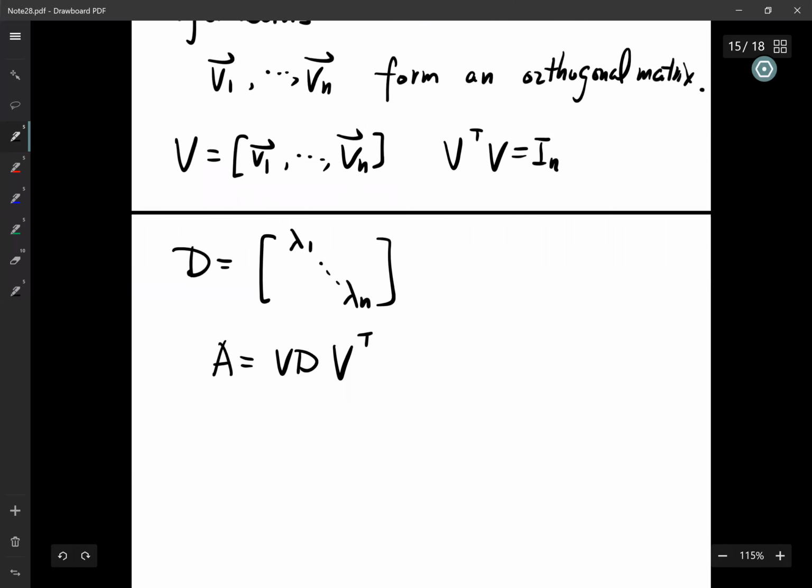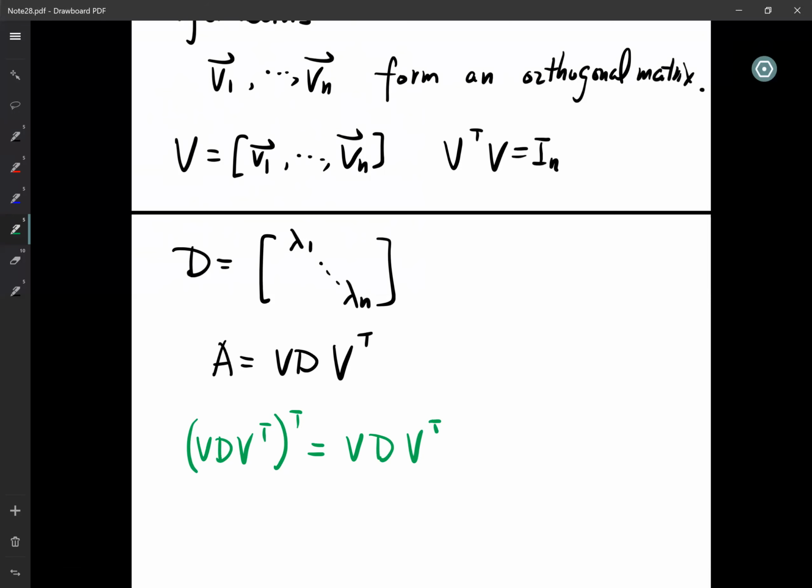So now you can see that this is indeed a real symmetric matrix, because the transpose of V D V transpose is V, the transpose of a diagonal is diagonal, and so indeed A transpose equals A. Any question?